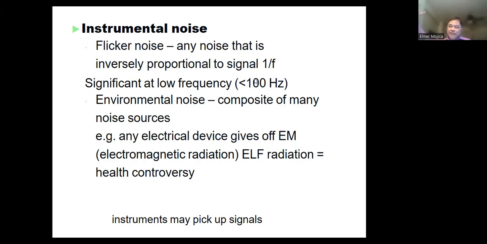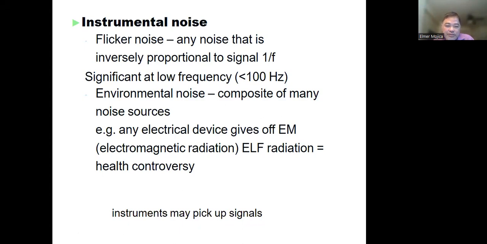It brightens and then it dims. Okay? So that is the term we call flicker. Okay? So it is inversely proportional to what we call the signal, so 1 over the frequency. The source of what we call flicker noise is still uncertain, and it seems to be significant only at low frequency.